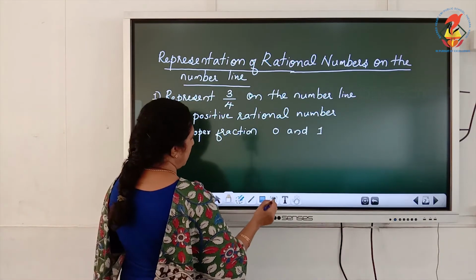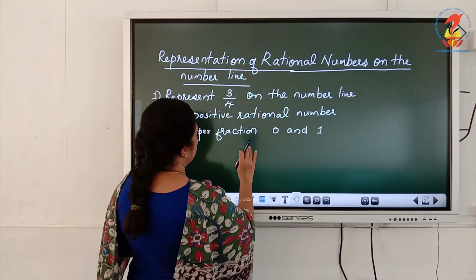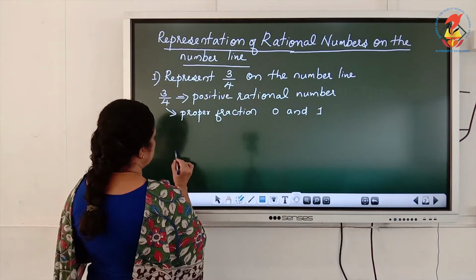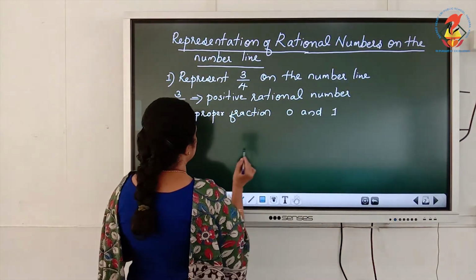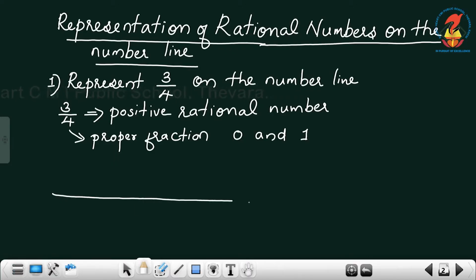Now, how can we represent 3 by 4 on the number line? First, you have to draw a line. Then put arrow marks on both sides because the line extends indefinitely on both sides.